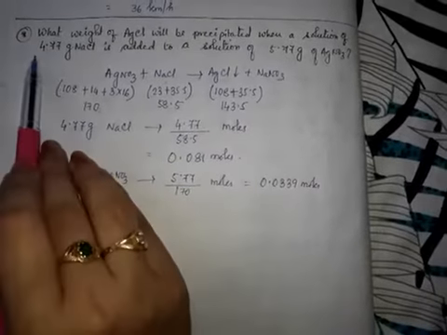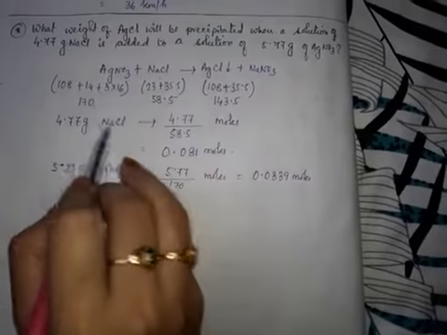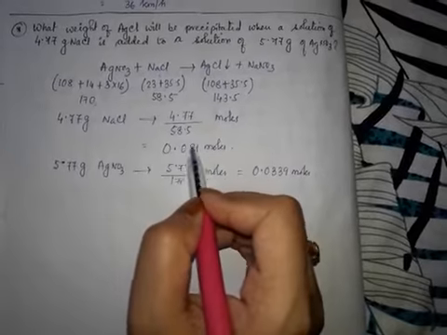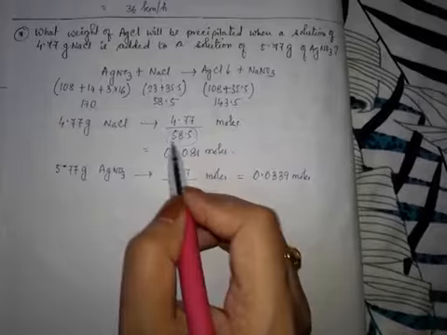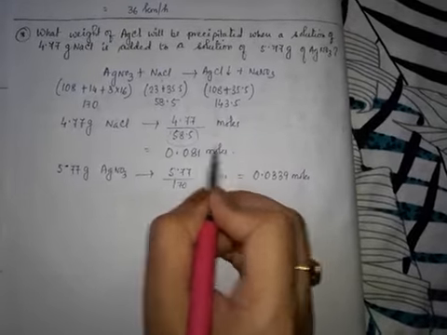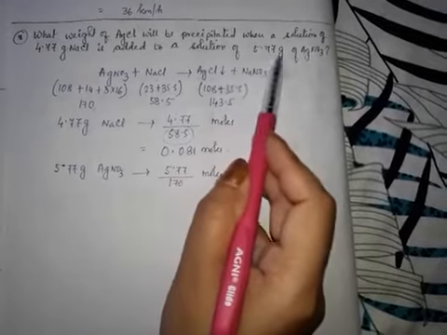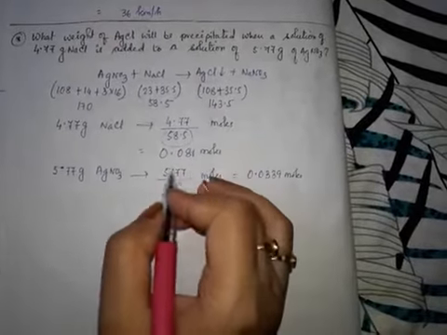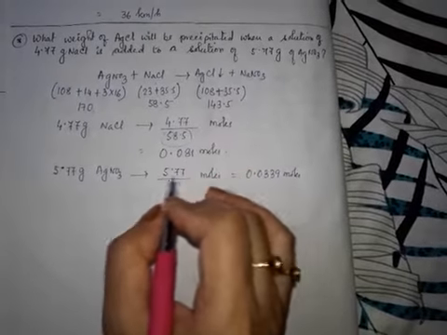So in the reaction, 4.77 grams of NaCl is added. So 4.77 gram NaCl means how many moles? This is equal to 4.77 divided by its molar mass, which is 0.081 moles. Similarly, we calculate the number of moles of AgNO3 by dividing the amount of AgNO3 in the solution.